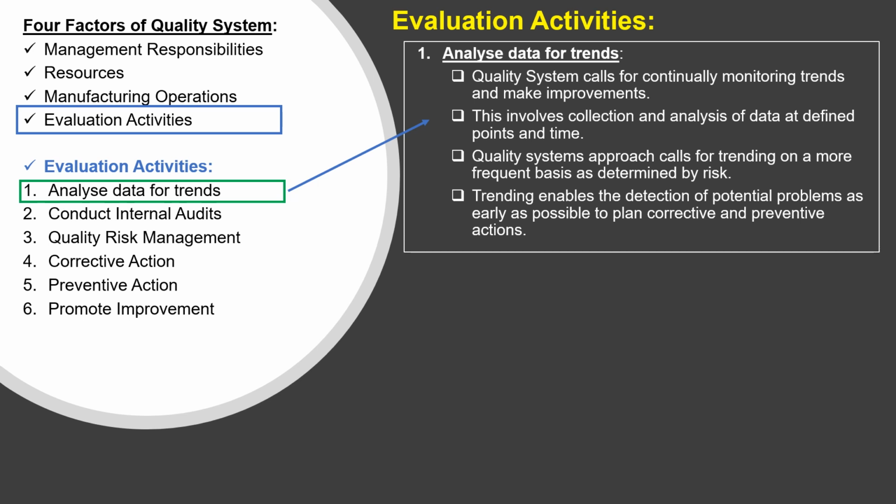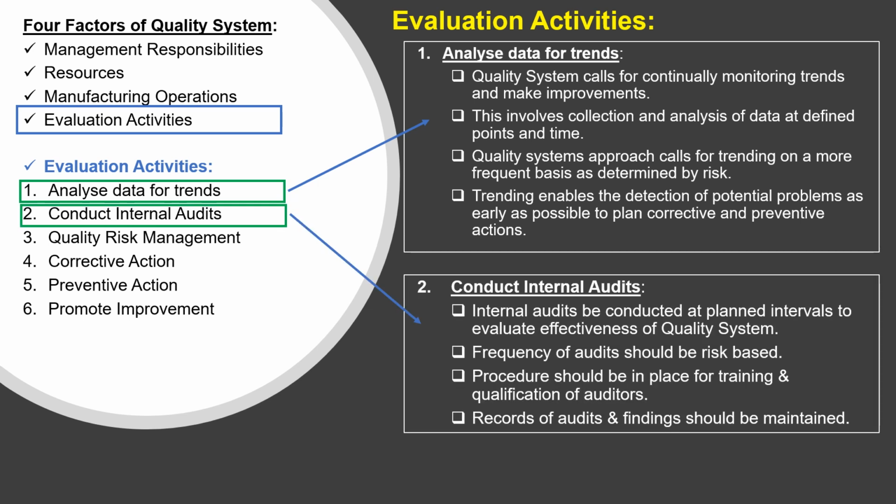The quality system calls for continuously monitoring trends and making improvements. This involves collection and analysis of data at different points and different times. The quality system approach also calls for trending on a more frequent basis as per the risk assessment approach. Trending enables the detection of potential problems as early as possible to plan the corrective and preventive action.